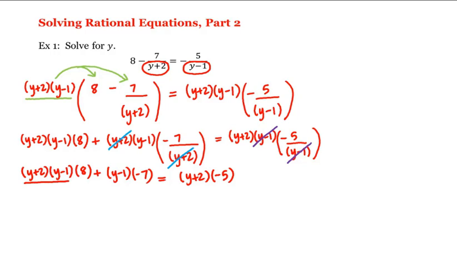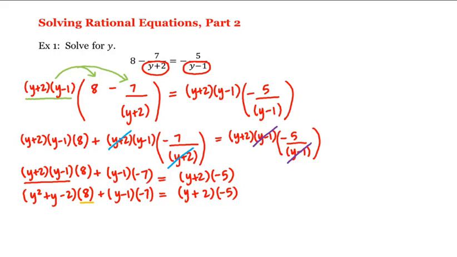And now let's FOIL this here. This leaves us with y squared plus y minus 2, still times 8, and then we still have plus (y − 1) times −7 is equal to (y + 2) times −5.